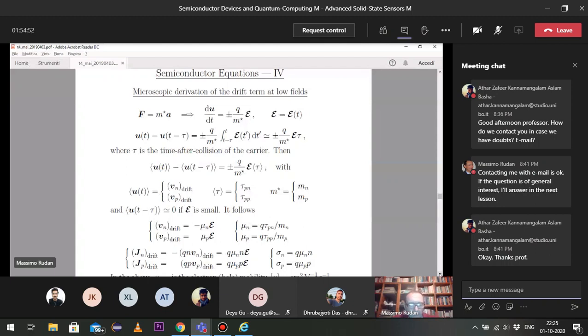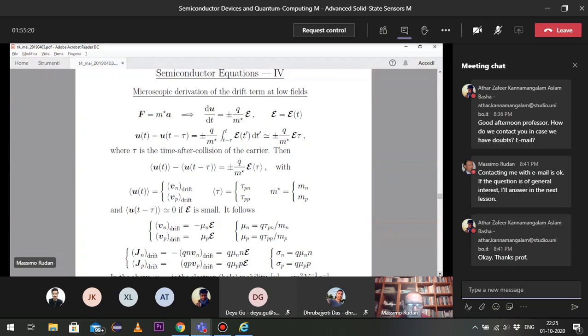So you average u of t, you average u of t minus tau. You don't average q, effective mass, and the field, because they are, of course, the same for all particles, but you average tau. Tau may be different from one particle to another.